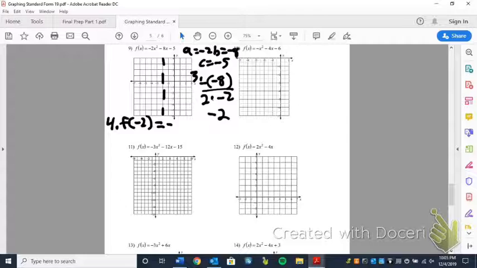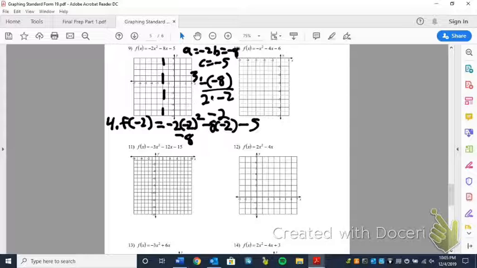Basically, really all we're doing is solving the equation when x equals negative 2. So that's negative 2 times negative 2 squared. We're just plugging in negative 2 for x, minus 8 times negative 2, minus 5. Sorry, major yawn there. So negative 2 squared is 4. 4 times negative 2 is negative 8.